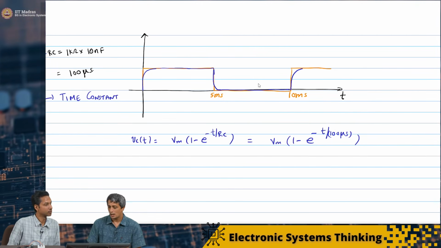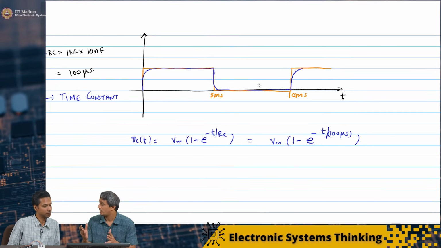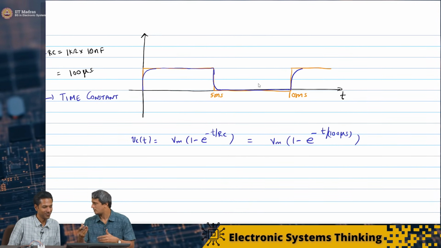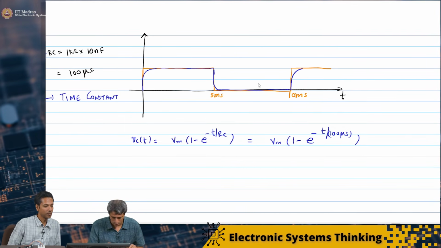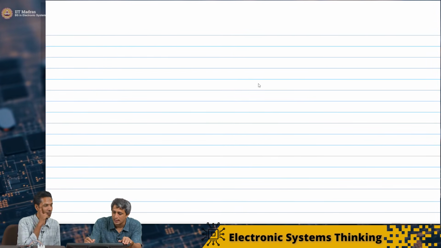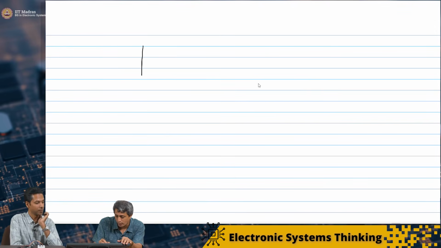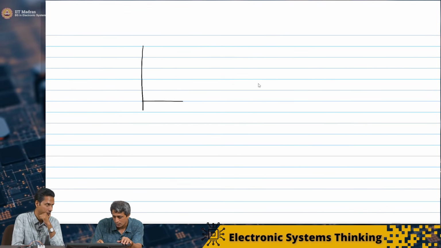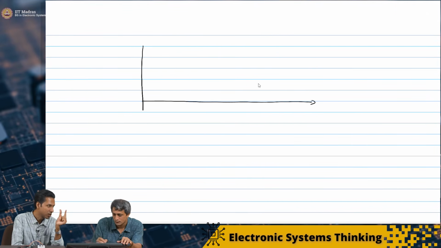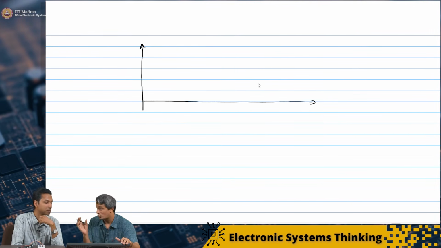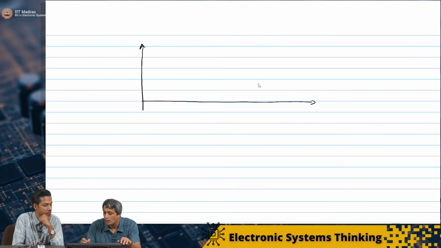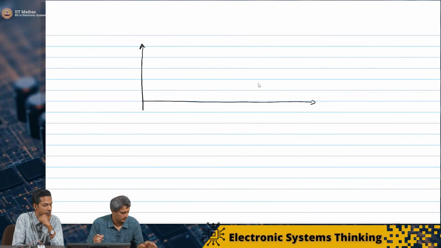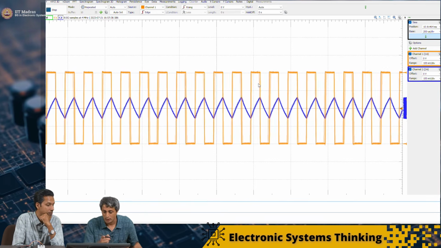Now, we tried something more adventurous. We said increase the frequency, and we wanted to do this at some really fast frequencies, basically shorter time periods. So we said now we are going to look at 1 kilohertz, is that what we had? No, we are looking at 10 kilohertz now.